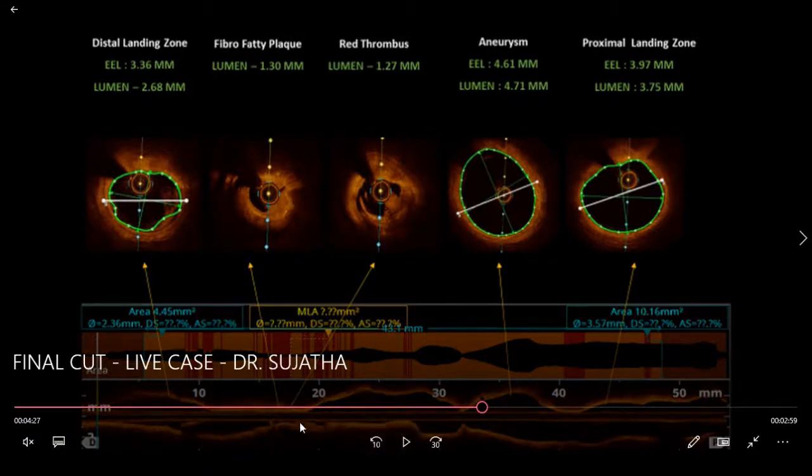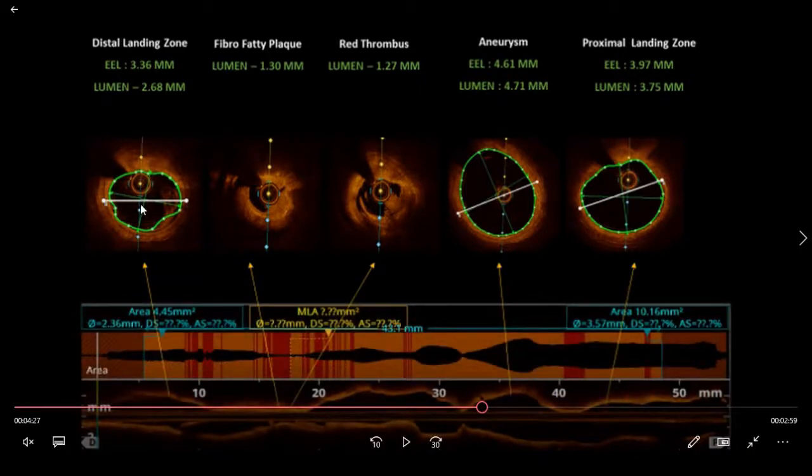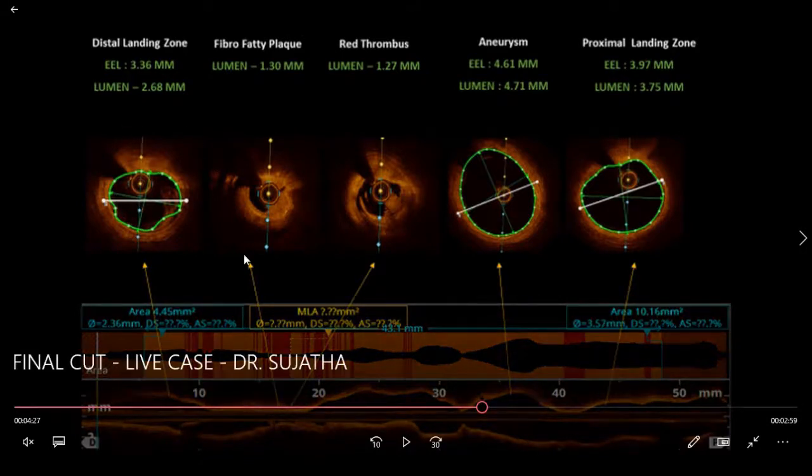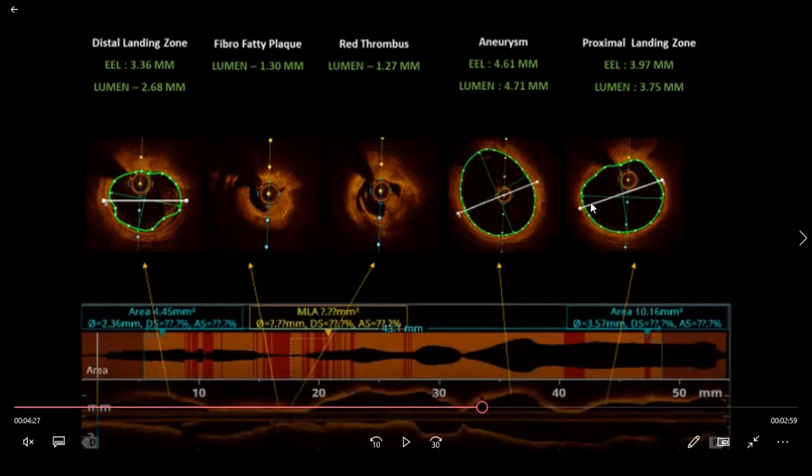So basically we did the measurements. This is our landing zone distally, and there you can see the EEL to EEL diameter of 3.36 and a lumen diameter of 2.7. Proximally we plan to land proximal to the aneurysm, as we didn't want to land the stent in the aneurysm, where it would be free floating.